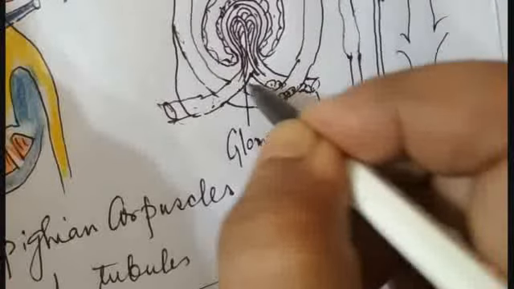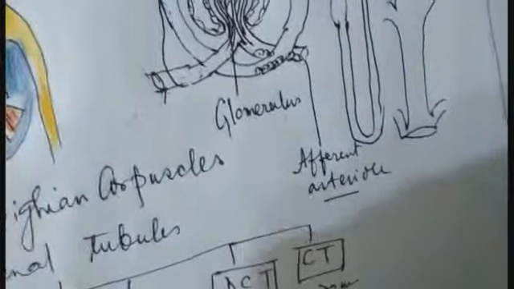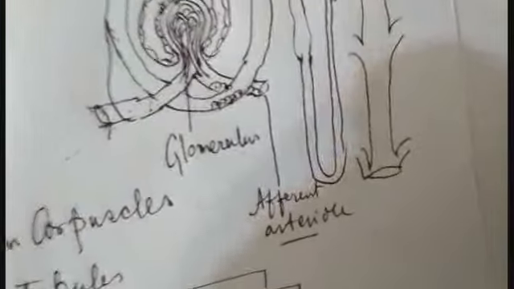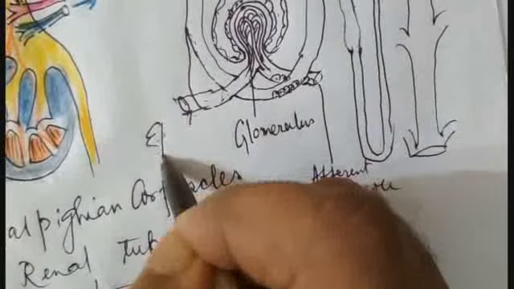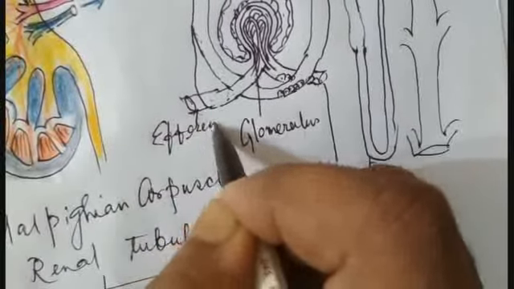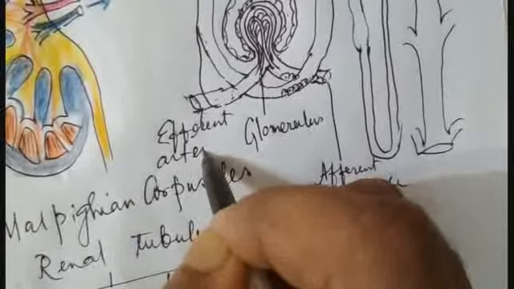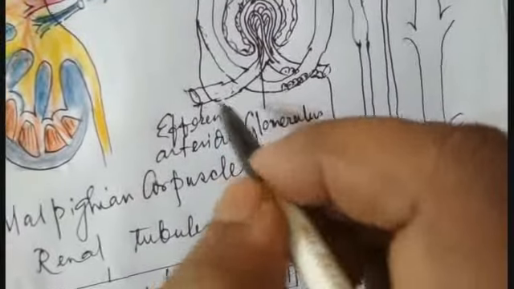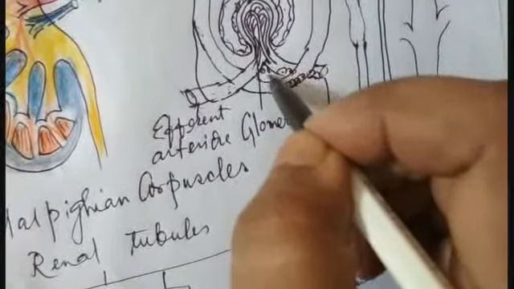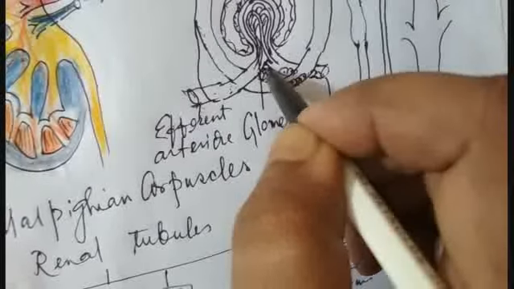In between the afferent and efferent arterioles, this is the efferent arteriole, a specialized structure is called Lacis cells or Polkissen cells.